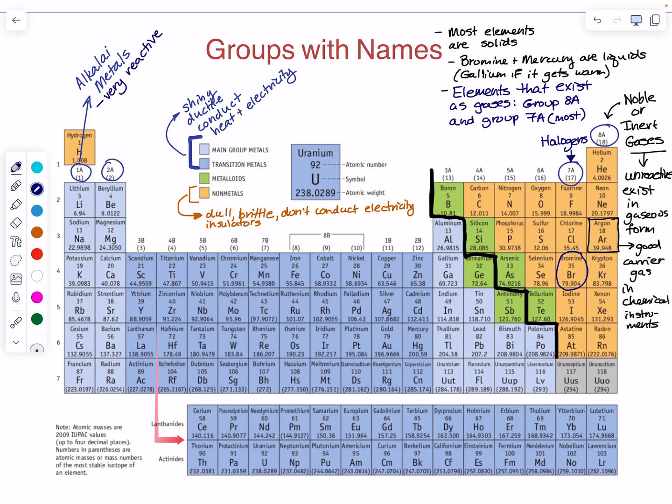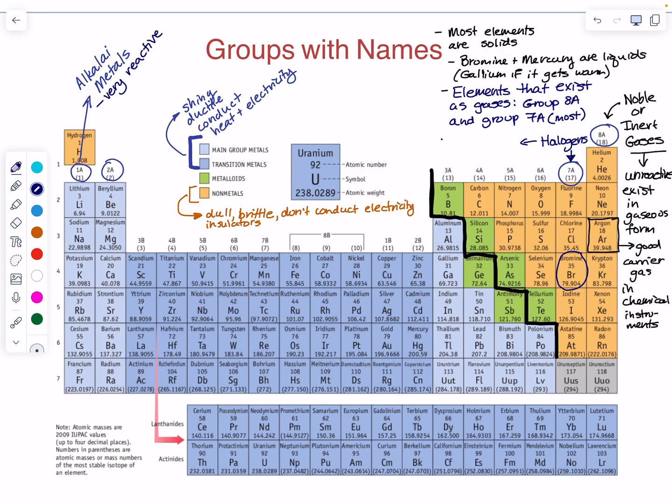The halogens are interesting in that they exist as what we call diatomic molecules. So if you're looking for a sample of chlorine, okay, pure chlorine is going to exist as Cl2, chlorine gas, okay? So the halogens are also fairly reactive, okay? Because they're very close to being noble gases, okay?